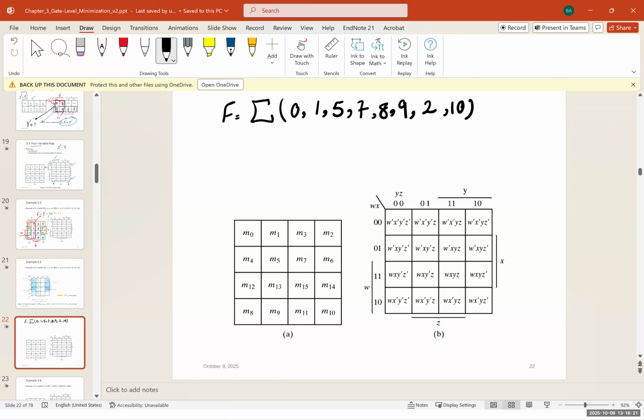I didn't write it in order, but yeah. So sigma of 0, 1, 5, 7, 8, 9, 2, and 10. I'll give you again a few minutes to think on it, then I would start.